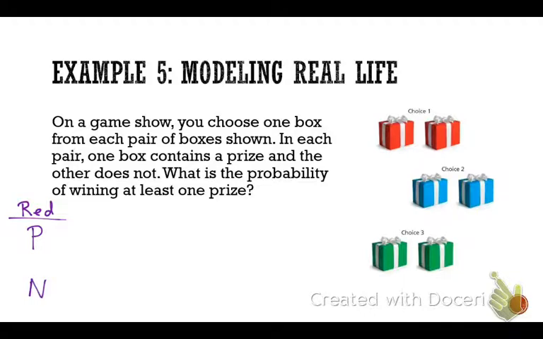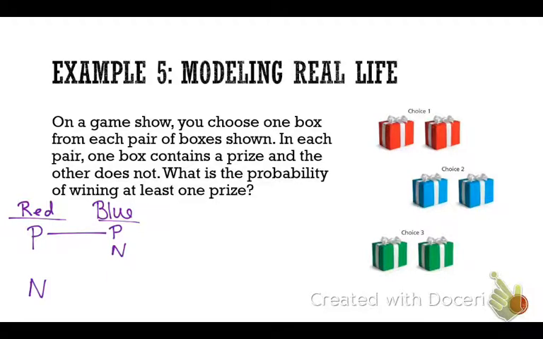Then I have my blue category. So let's say I chose the red one with a prize. Well, then when I get to the blue ones, I have 2 choices here too. One has a prize and one does not have a prize. So there's a chance I could pick.